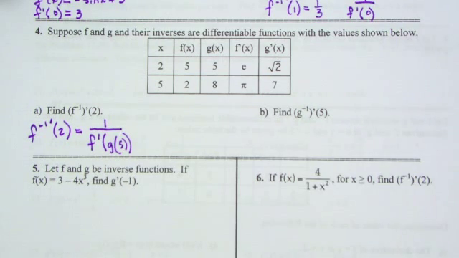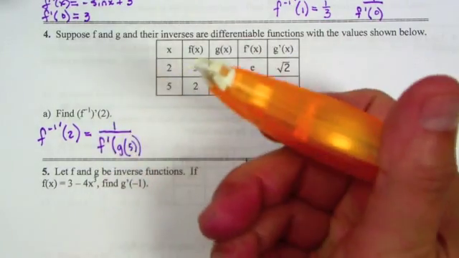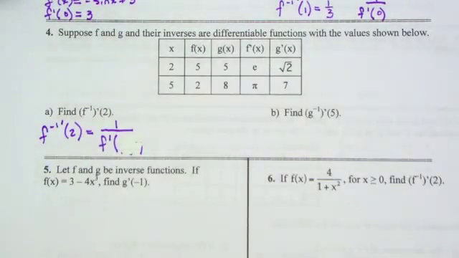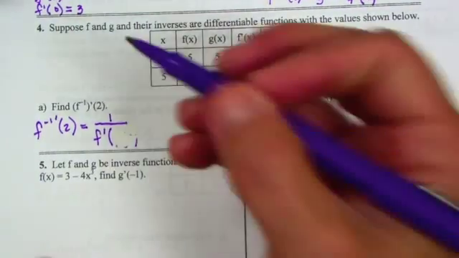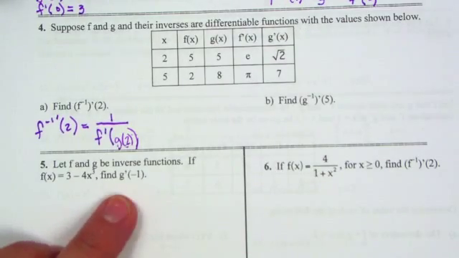Where's my worksheet from earlier? Sorry, it's f prime of 5, not g of 5. g of 2. That's my fault. f prime of g of 2, right? And g of 2 is 5.